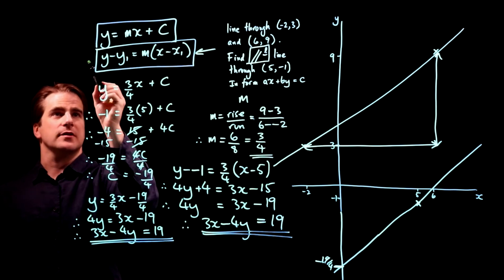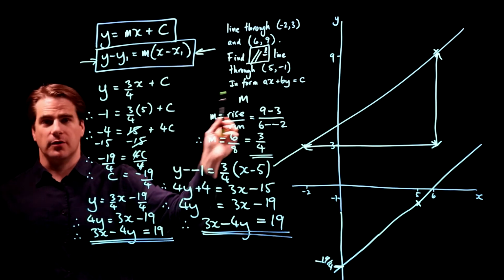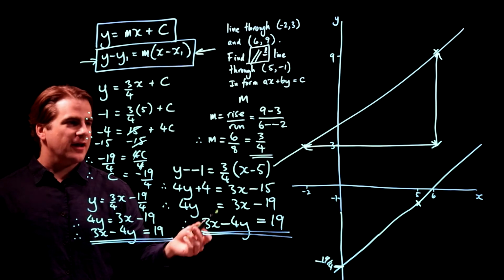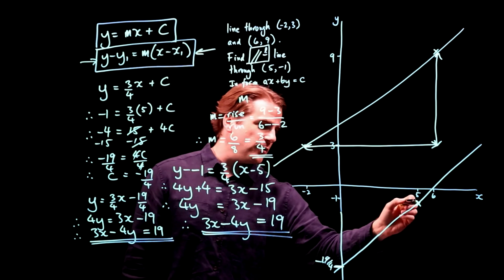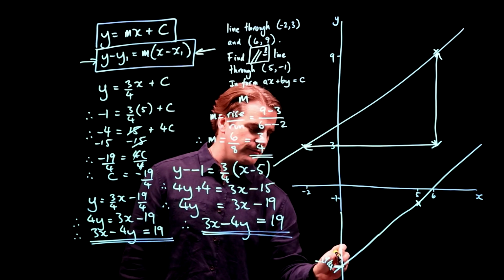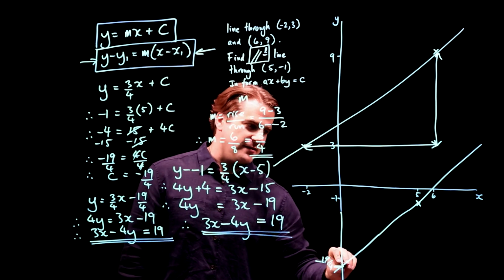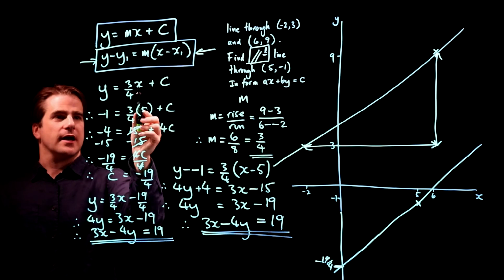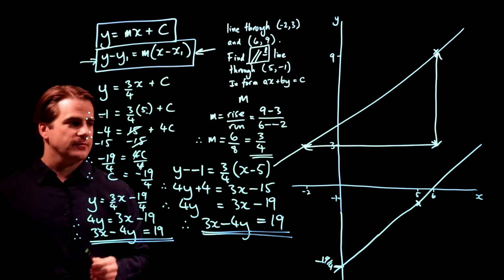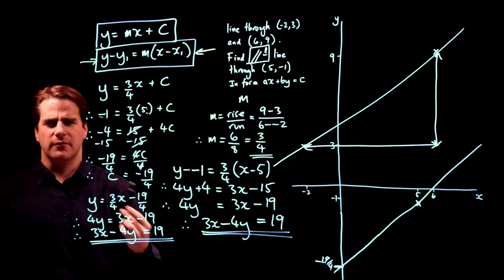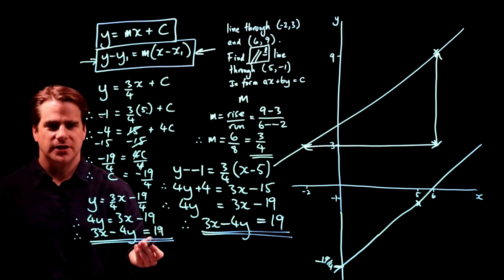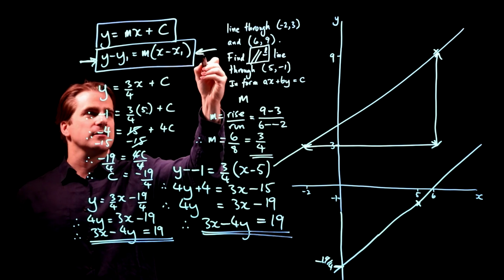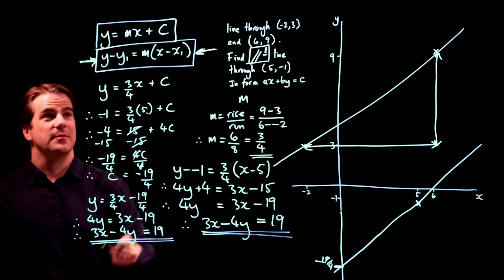The great thing about this one is you can use any point on the line. I realised that in this question we used a point that wasn't the y-intercept. We used 5, -1 here to work out c. I'm probably overcomplicating this. Generally, this one is probably the better one to use. That's what I'm trying to say, but it doesn't matter.